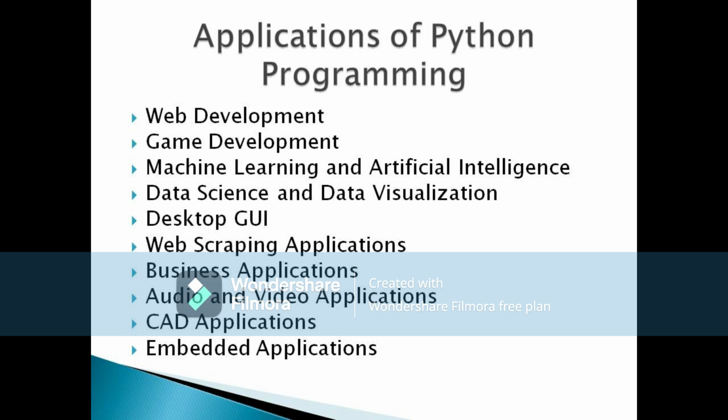Python is used there. There is an application for CAD, Fandango, right, which is developed using Python. Then we have embedded applications, right, because Python is based on the C language. It can be used to create embedded C software for embedded applications. Therefore, Python is used in that case.